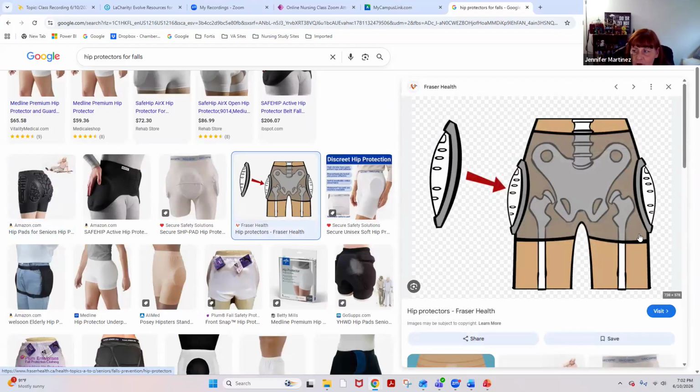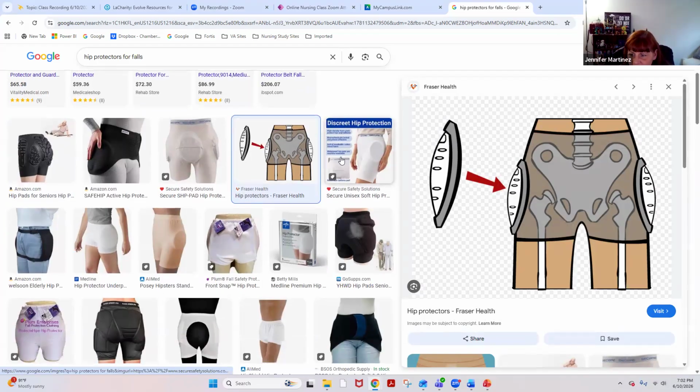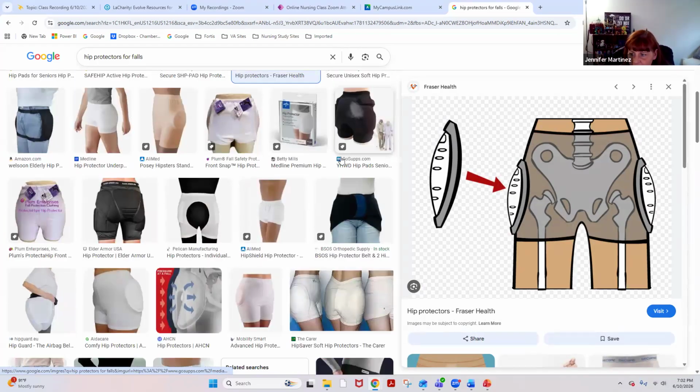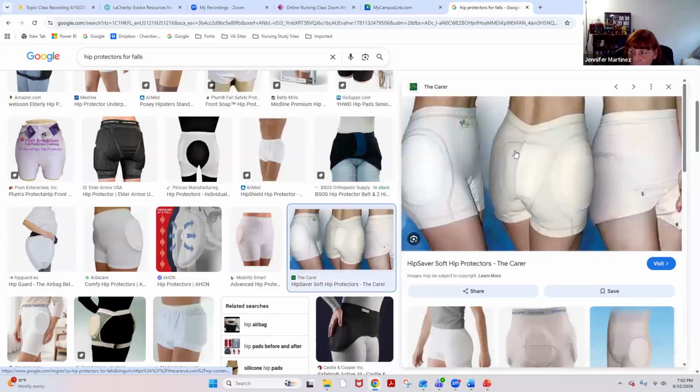They sit right over those hip joints. So if they were to fall, it provides a little bit of extra padding. Some of them, and I was trying to find it, here we go, also offer some additional padding on the butt, for that coccyx and sacral area.